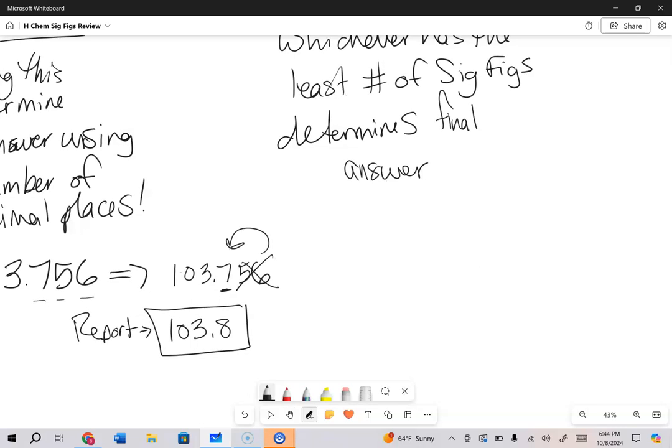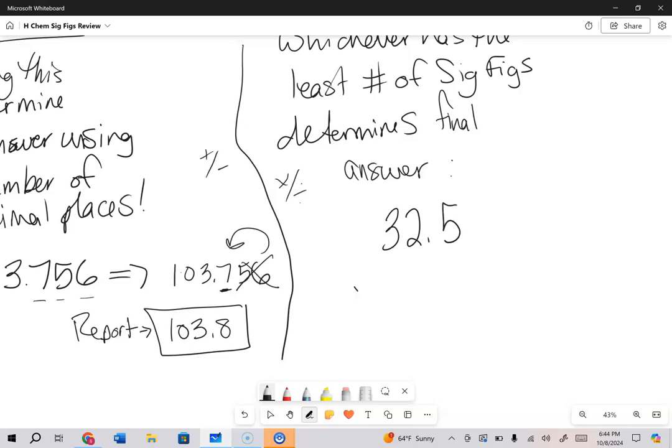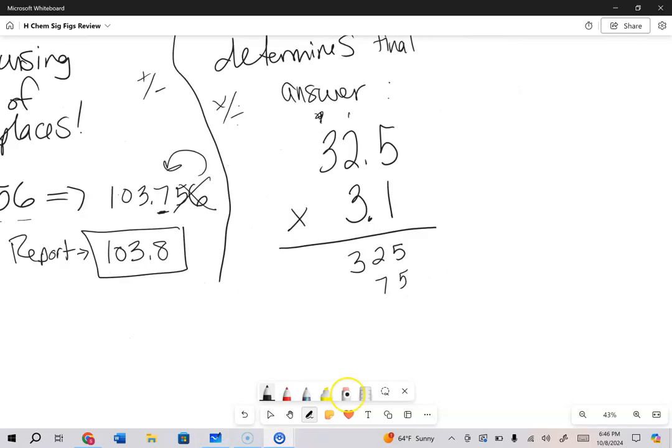Okay, so now let's say, and I'm sorry, I'm going to draw myself a little barrier. This was my adding and subtracting. This is my multiplying and dividing. Okay, so I'm going to do, let's say, 32.5 times 3.1. All right.